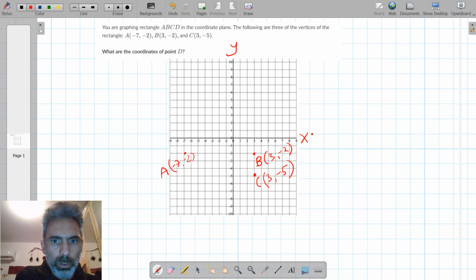Okay, so we know that point D needs to be on the same level as point C because we are talking about a rectangle.